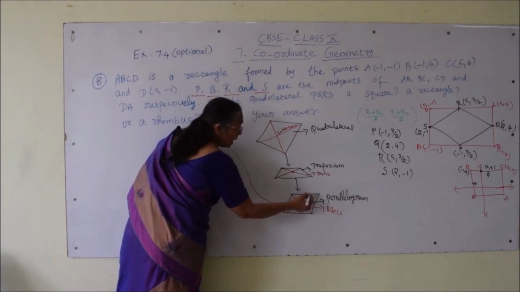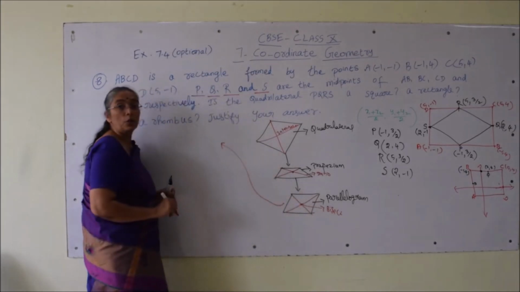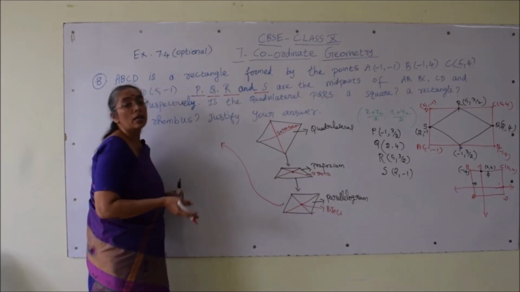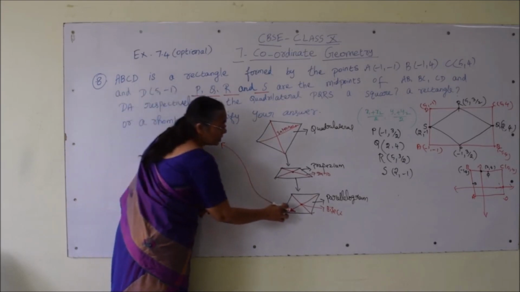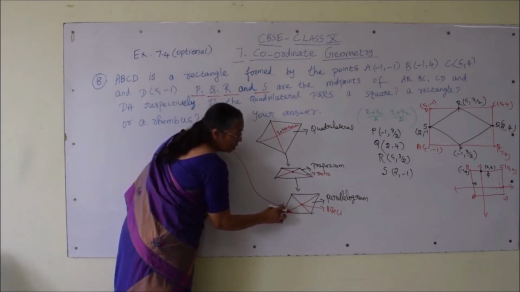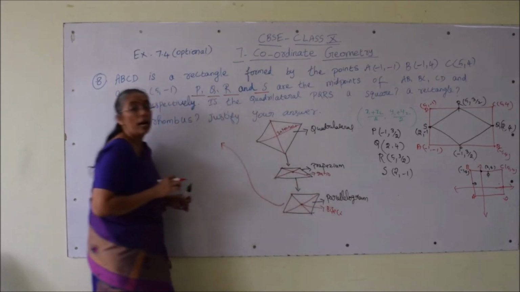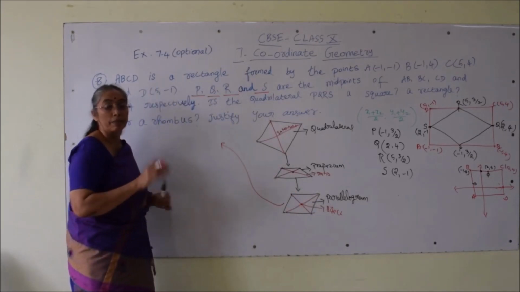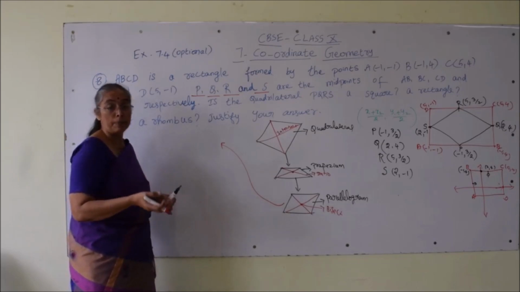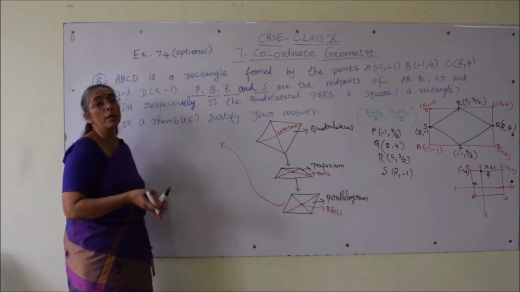The opposite angles are equal in a parallelogram and adjacent angles are supplementary. Suppose this is 100 degrees, this is an acute angle, 80, 100, 80, 100. You will have angles like that. Adjacent angles should be supplementary, opposite angles must be equal.